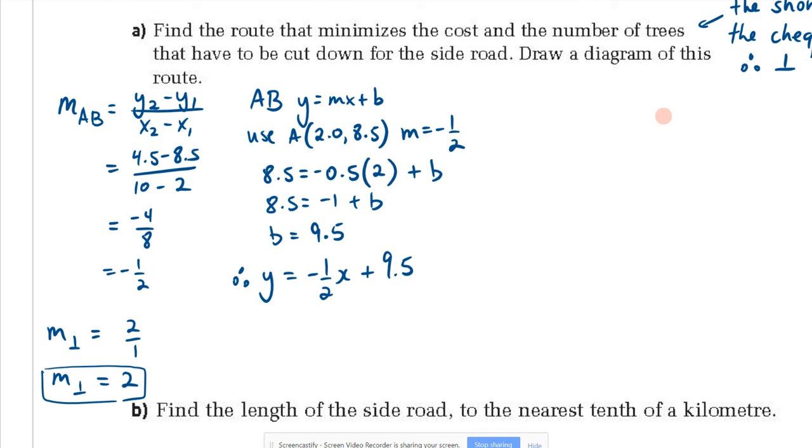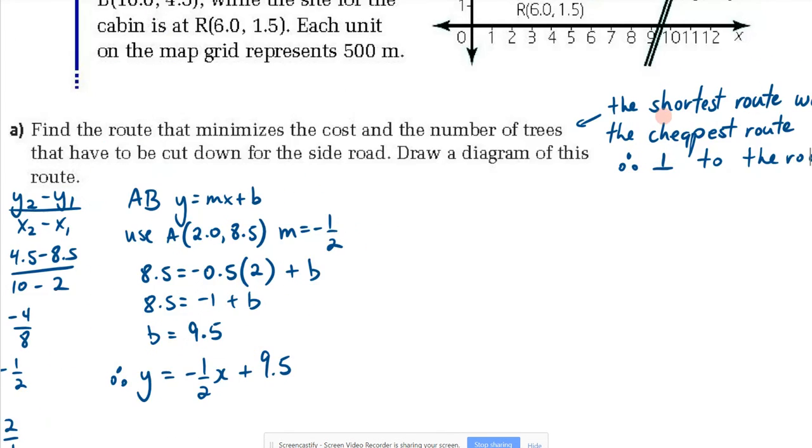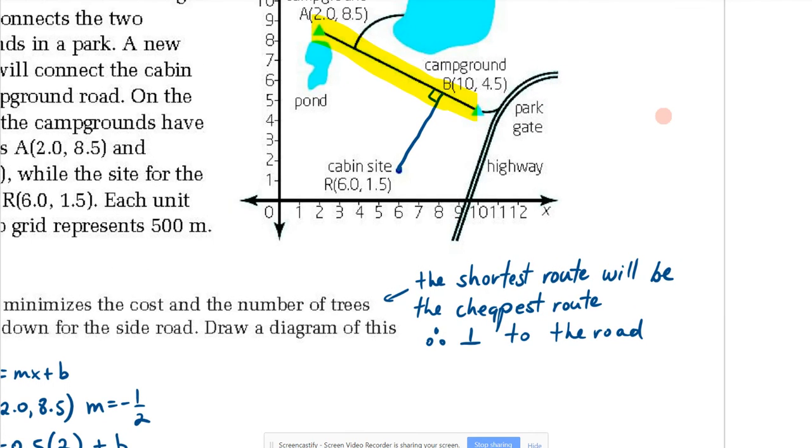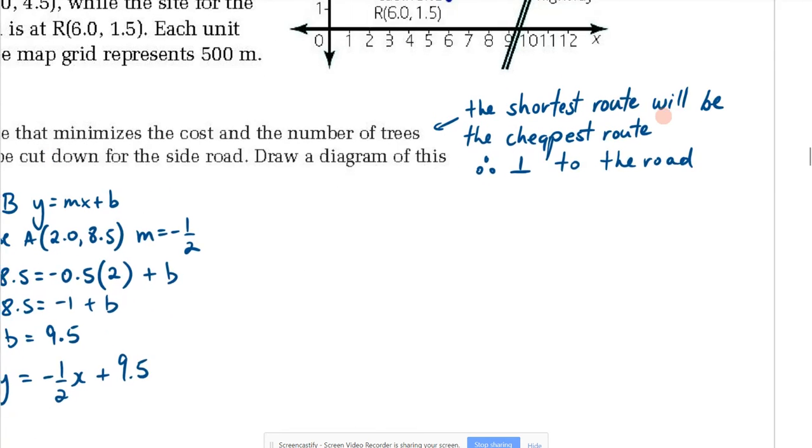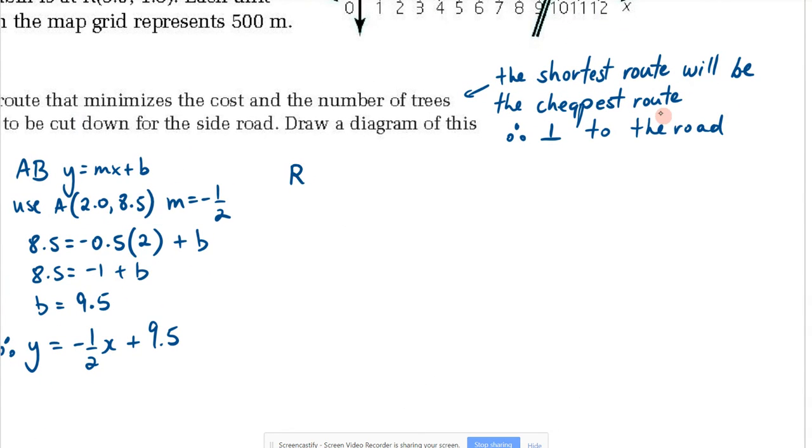Now I need the equation for the perpendicular line. So let's give the point of intersection here a label. We'll call that D. Remember, B is over here. Okay, so the distance from R to D, again, it's a line, so we're going to use y equals mx plus b. And I'm going to use the coordinate for R. R is 6.0 and 1.5.